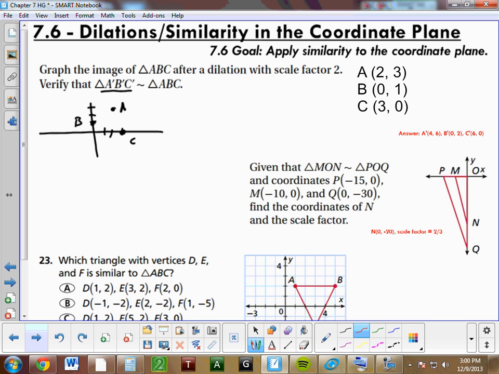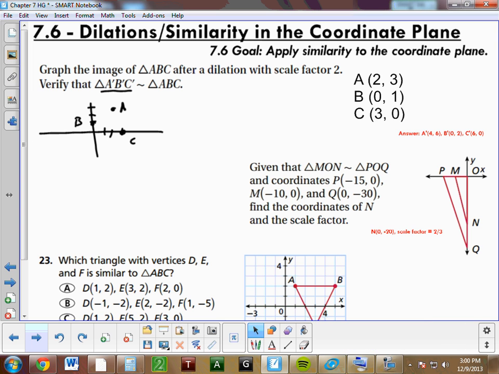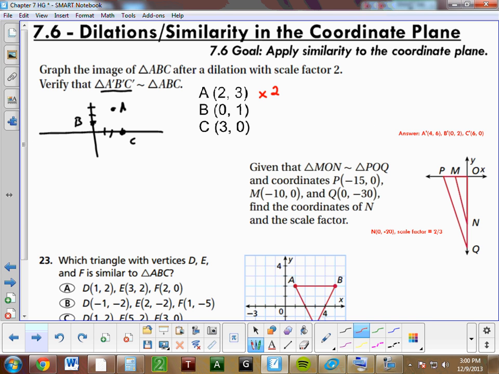Now, if I multiply those all by 2, I'm actually going to take this and move it down over here for a second. So if I multiply them by 2, because the scale factor is 2, that would be 4, 6. This one would be 0, 2, and this one would be 6, 0.